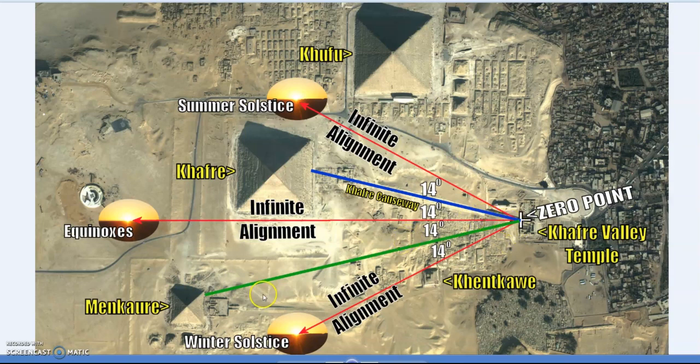The midpoints between those will give us lines that lead directly to, for instance, Menkaura's pyramid and the Khafre pyramid. The distance between these sites, and also the distance between the 0 point and the Khentkawes tomb, are based on the Great Pyramid itself and on some very sophisticated mathematics and geometry found inside the pyramid, and it is repeated throughout. More to come on that because there's so much to it.